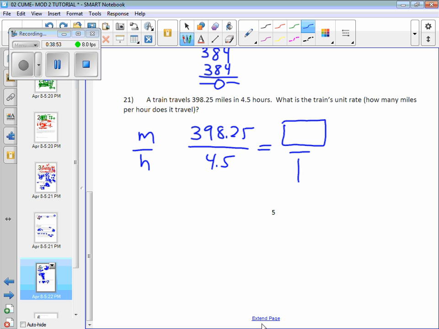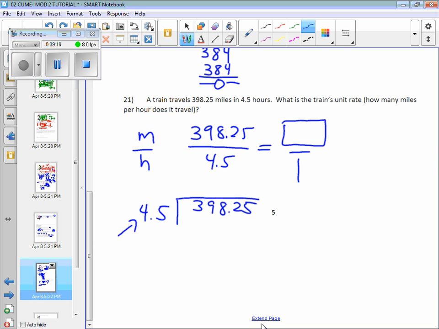I think the easier way to do it, and a lot of kids will see it this way, is division. It's 4.5 into 398.25. And I just want to set that up for you because when you do it on yours, the hours will go outside.